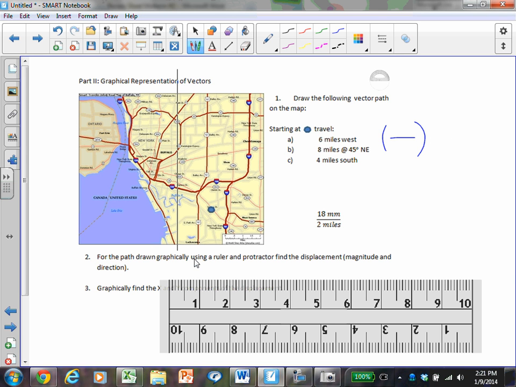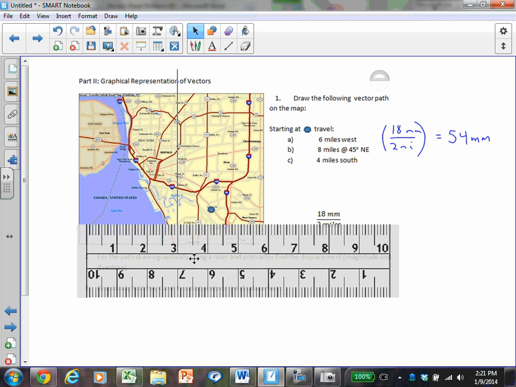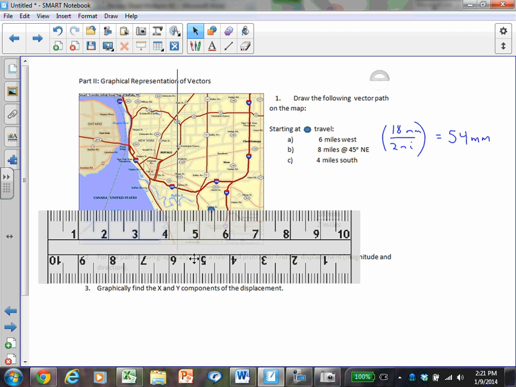Two miles, 18 millimeters, that equals 54 millimeters. Now, if I was to do that on my scale, that would put me out over here. But that's not right. Where does it actually put me?